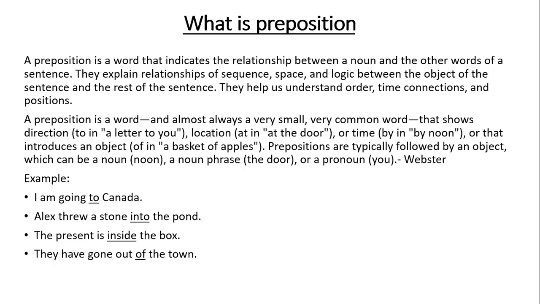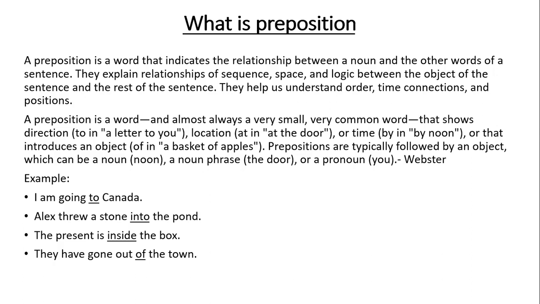But if there was no preposition in this sentence, how would the sentence sound? I'm going Canada. I am going Canada. So the meaning is not clear. How can you go Canada?